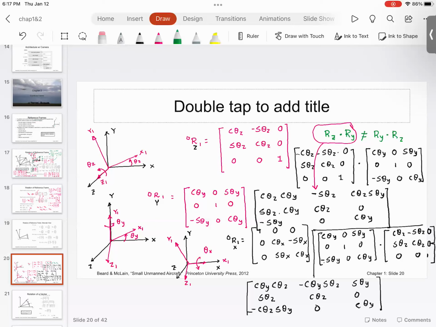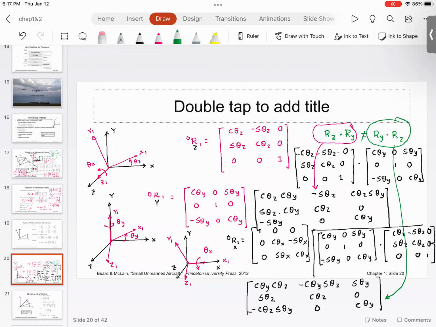So what I have here is this product shown over here. So please understand, I multiplied rotation about z, then rotation about y. On the right hand side, I multiplied rotation about y and rotation about z.